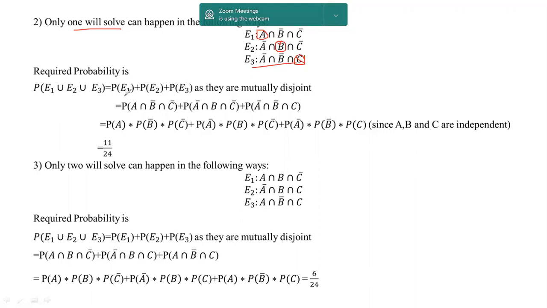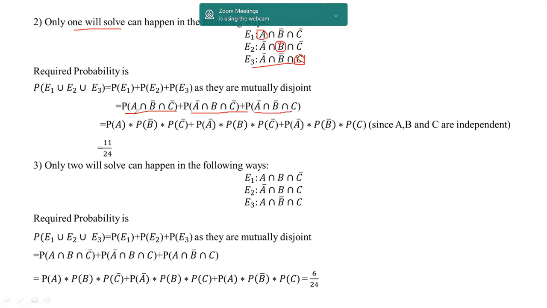The probability of E1 is the probability of A intersection B complement intersection C complement. Similarly, E2 is A complement intersection B intersection C complement, plus the probability of E3, which is A complement intersection B complement intersection C.